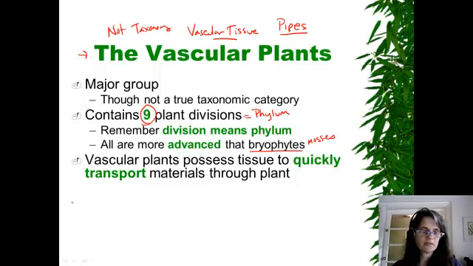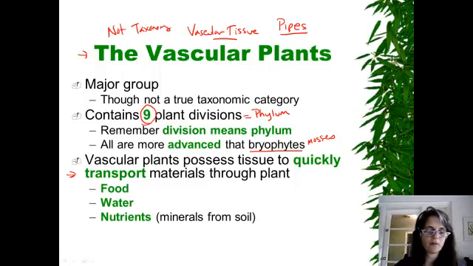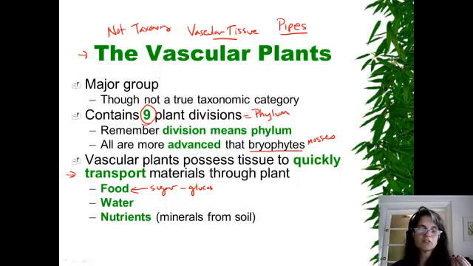And this is telling you what vascular tissue is: transporting food and water efficiently through the plant, and also nutrients from the soil, which are different from food. Food in this case, always remember, is an organic compound, usually sugar, usually glucose, which is different from some mineral you might get out of the soil, like potassium or something like that.